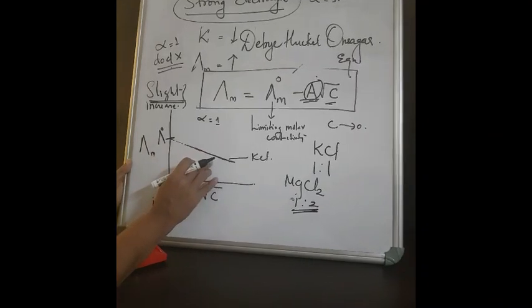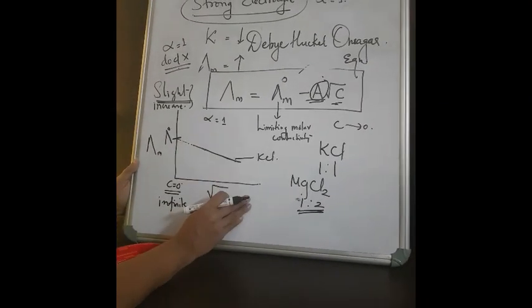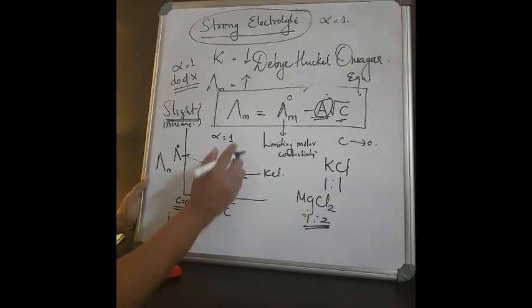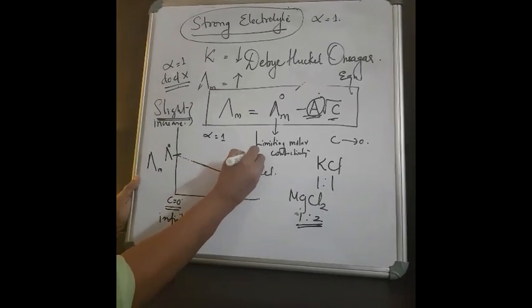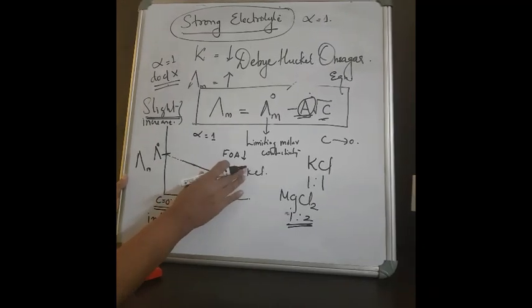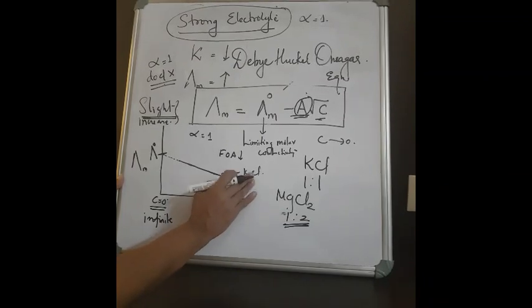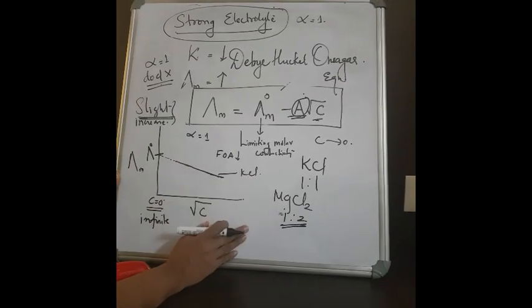Why? This is due to the force of attraction decreasing, and thereby the distance between the cation and the anion increases, and thereby the conductivity increases.